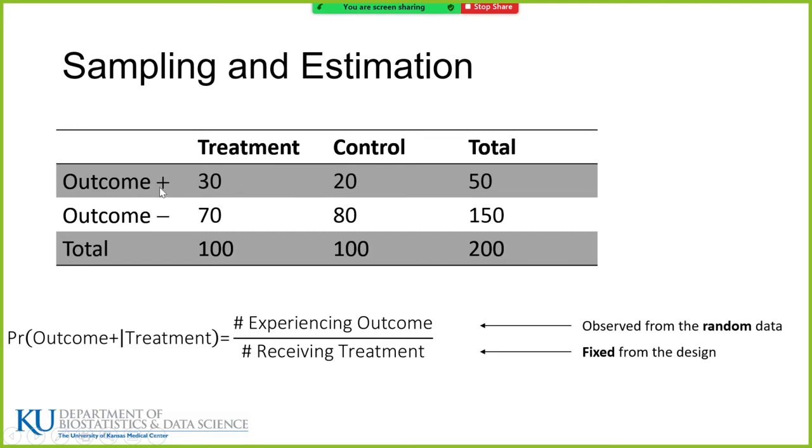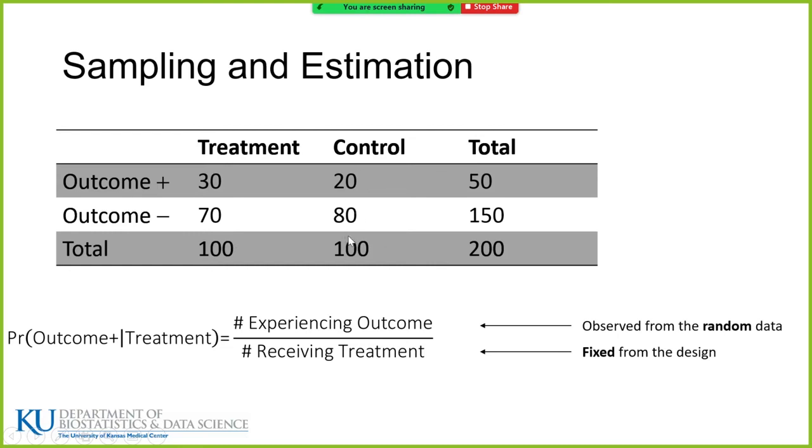So once we observe the outcome of these 200 participants, we can classify them into one of these four buckets. They either received treatment and experienced a positive outcome, or they received control and experienced a positive outcome, or they did not experience the positive outcome in either treatment or control. So 30 and 70 make up the 100, and 20 and 80 make up the 100 in control.